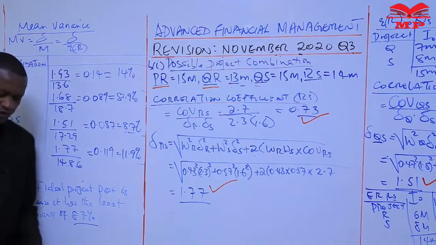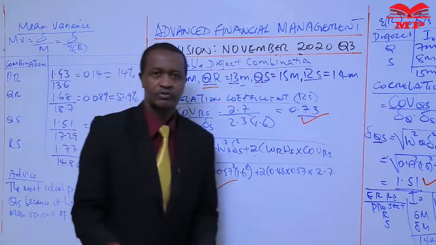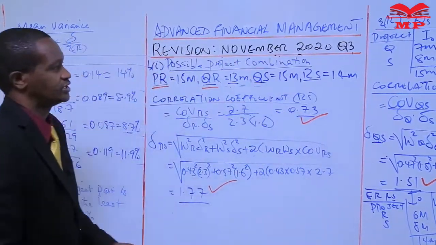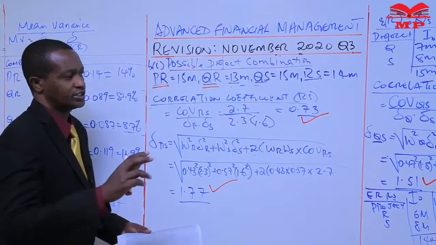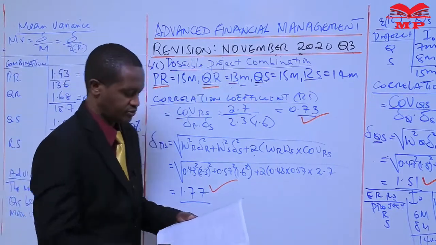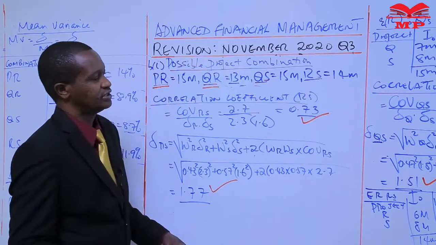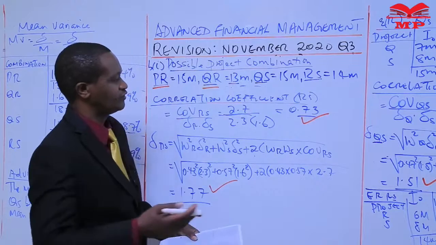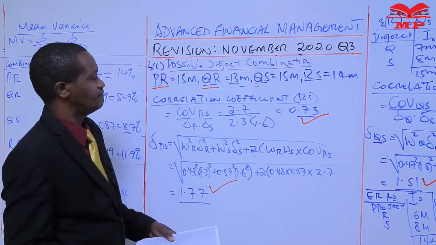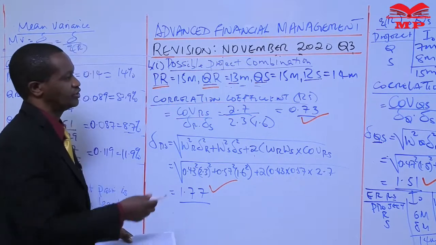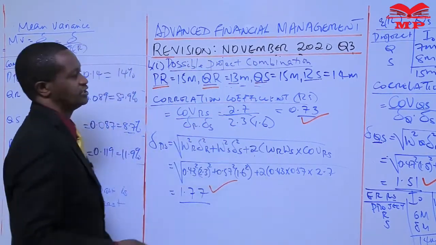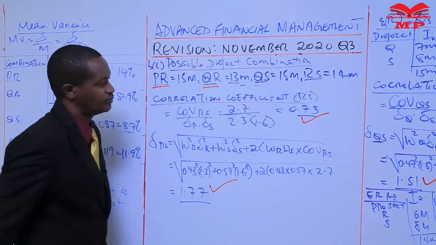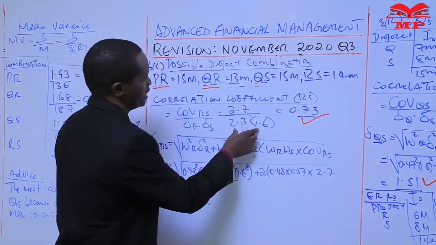So we've answered that question, candidates, and I hope you take time to go through it. I hope you've also seen that the question is simple to the extent that candidates are required to just have the formula. If you have the formula for these requirements, like the correlation coefficient, then you put down the formula and check from the question if the inputs are provided.